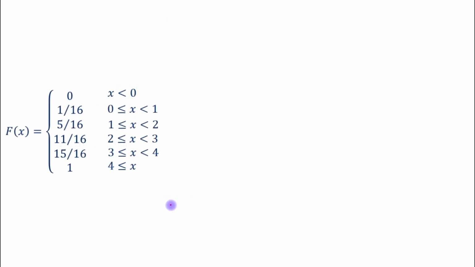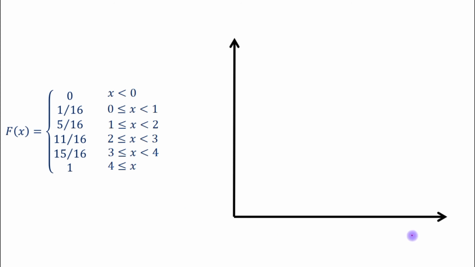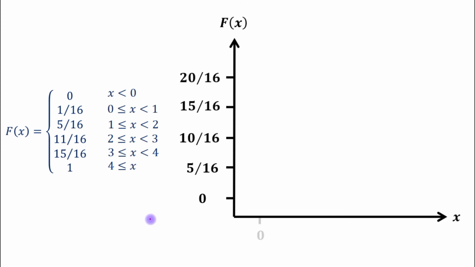Now let us see the graph of CDF. Here we have two axes. On the horizontal axis we have taken x, and on the vertical axis we have taken F(x). Now let's start. When x is less than 0, F(x) is 0.